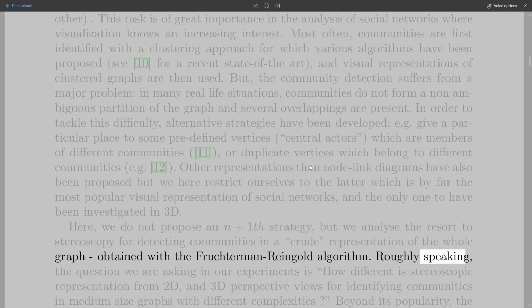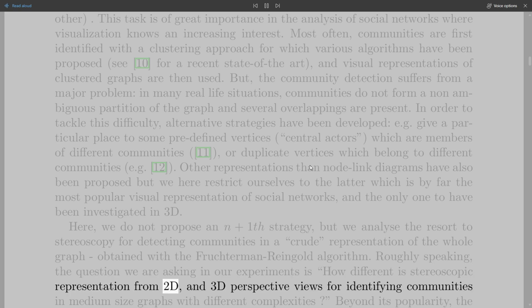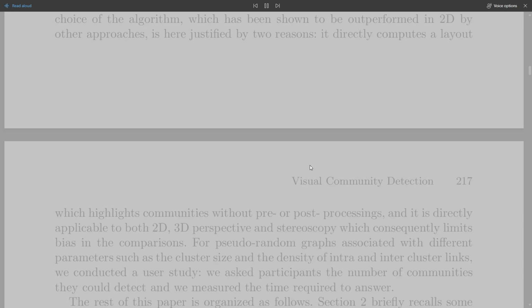Roughly speaking, the question we are asking in our experiments is how different is stereoscopic representation from 2D and 3D perspective views for identifying communities in medium-sized graphs with different complexities? Beyond its popularity, the choice of the algorithm, which has been shown to be outperformed in 2D by other approaches, is here justified by two reasons.